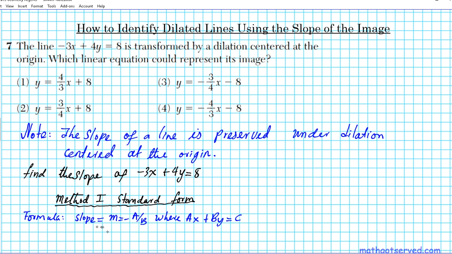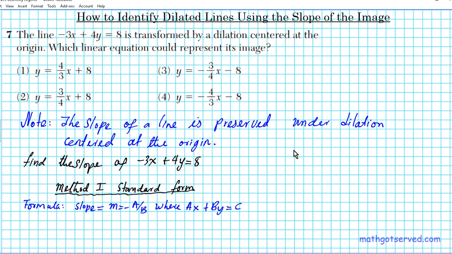The nice thing about this formula is that it is much faster than the other method. That's why we're doing this one first. All we have to do is identify a and b, find the negative quotient of a and b, and that is the slope.